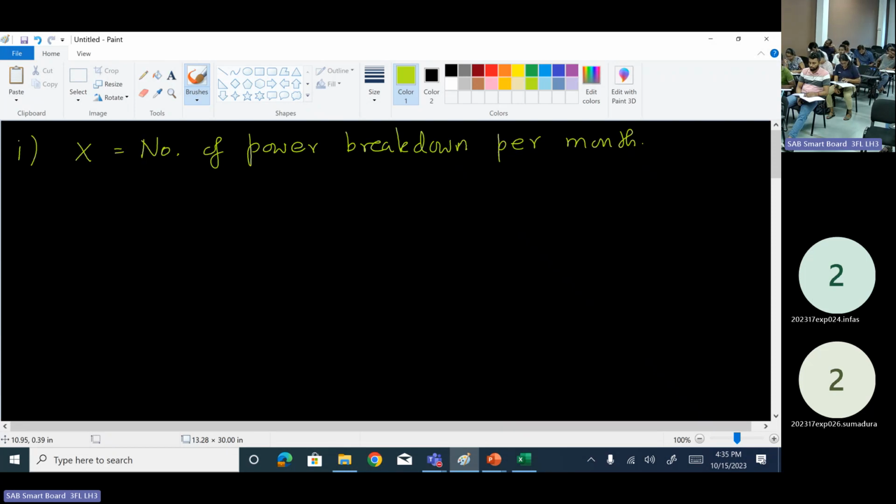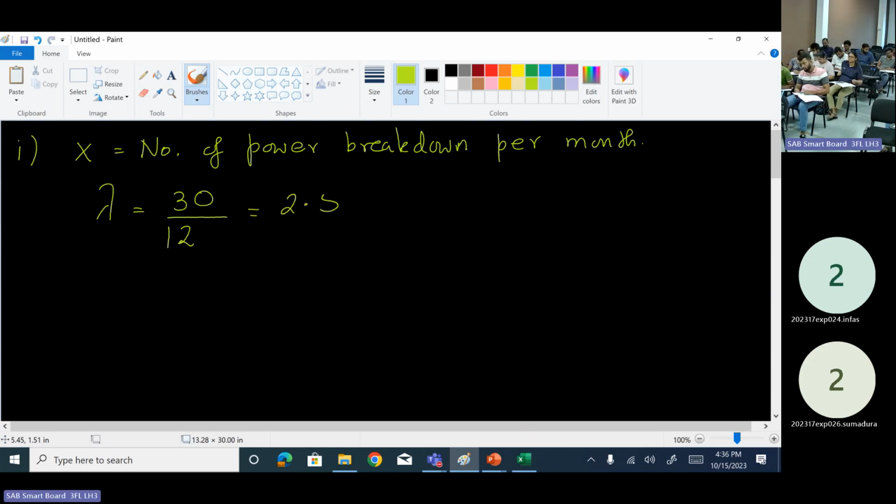Since we have defined it per month, lambda should be the per month value. In a year, 30. We want the monthly one, so we divide by 12.